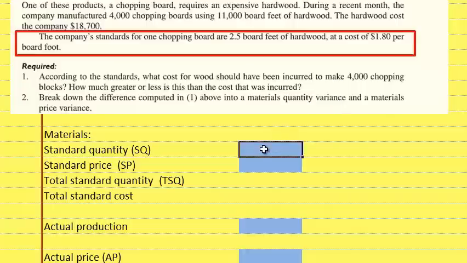So let me drop in my standard quantity, which is 2.5 board feet per chopping block. I'll just say per unit to be generic. And the standard price is $1.80 per board foot.